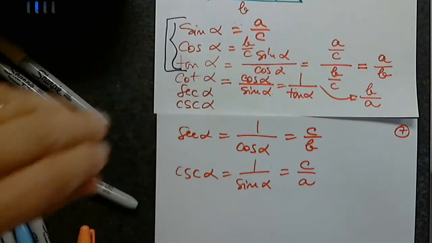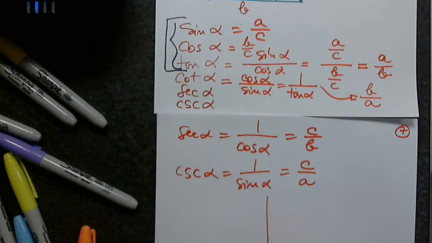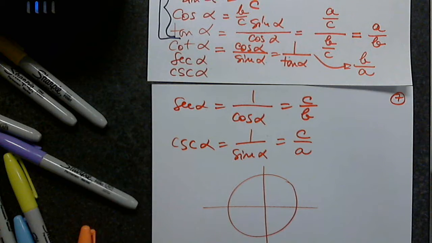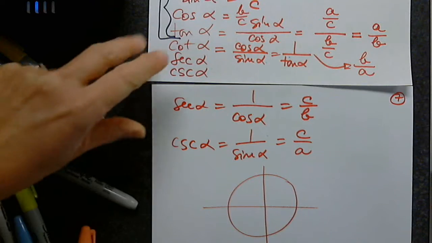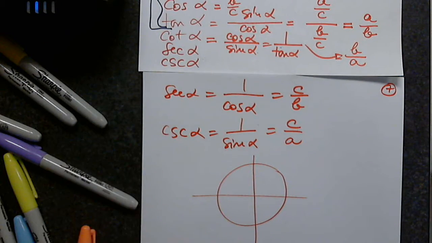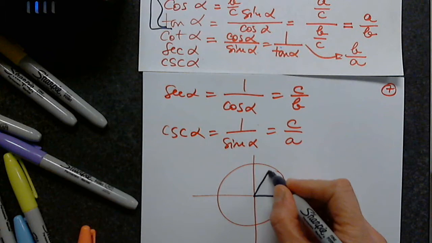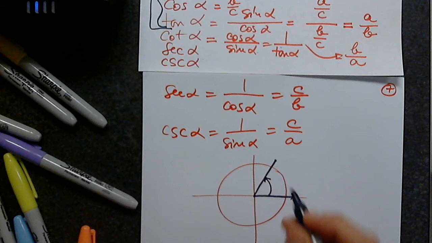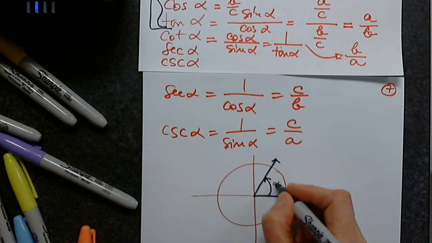Let's go back to, of course, the unit circle. I'm going to create an angle in the standard position with a terminal side in the first quadrant. And this is angle alpha.